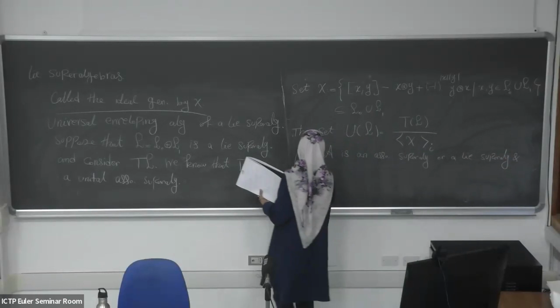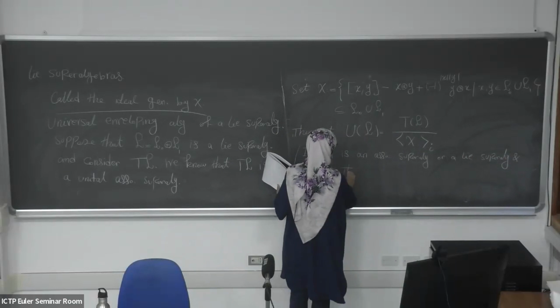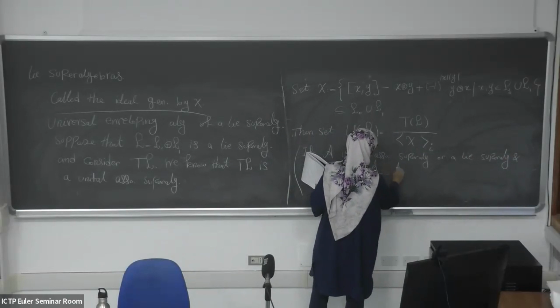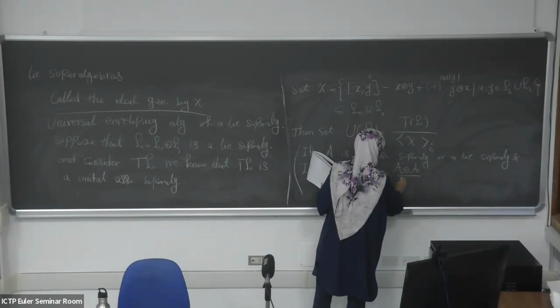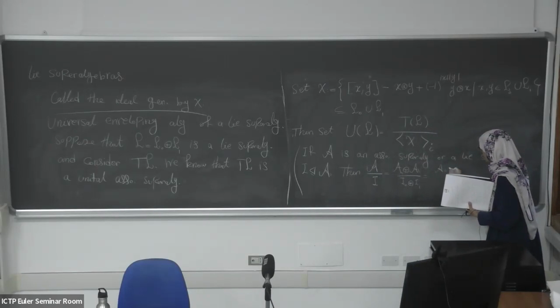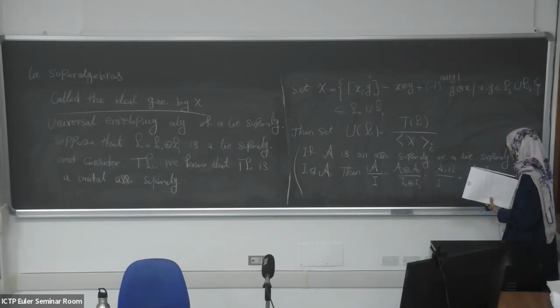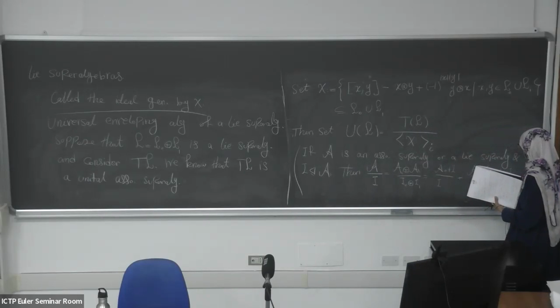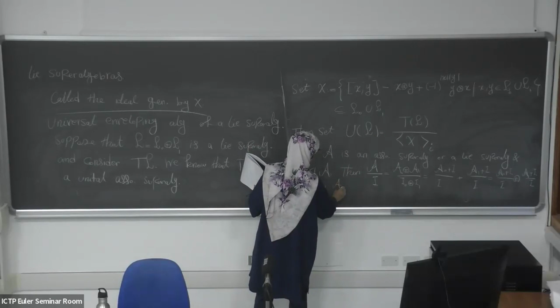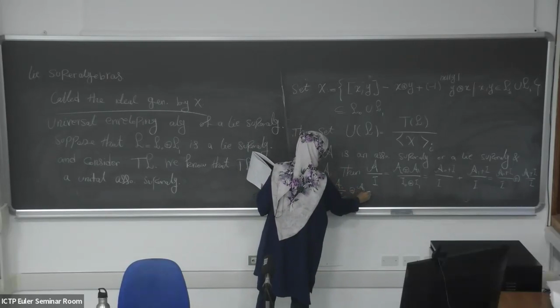If I is an ideal of A, then A over I, with components A0, A1 over I0, I1, is A0 plus I over I plus A1 plus I over I. But it can be proved that it is A0 plus I over I direct sum A1 plus I over I, which is isomorphic to A0 over I0, A1 over I1.